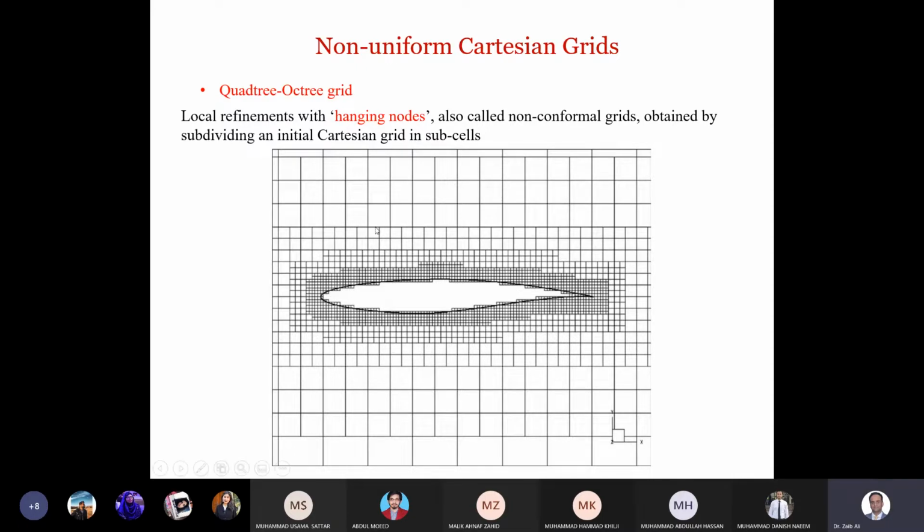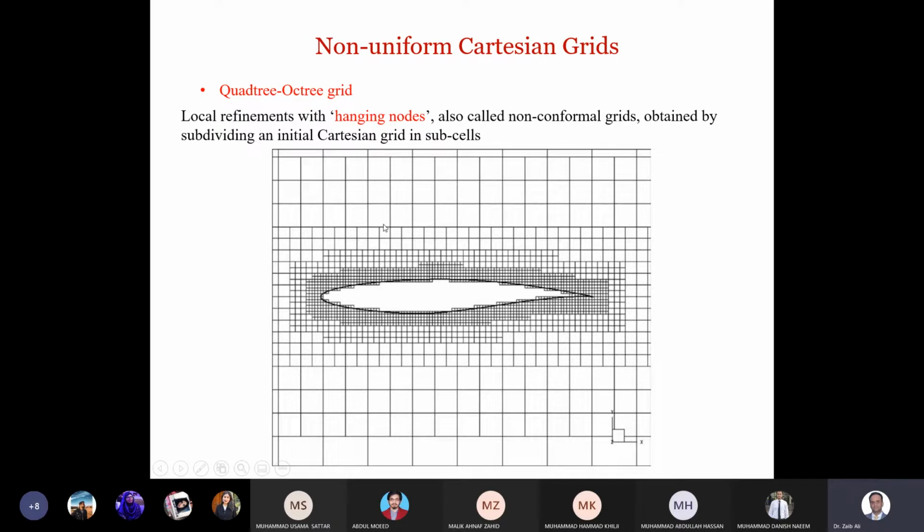The other feature here is the presence of hanging nodes. Hanging node means that the mesh is not matching with each of the cells. Okay? So here we have this node over here, which is not attached to any other node upward. So this is called a hanging node.